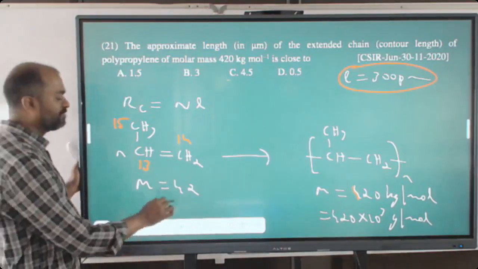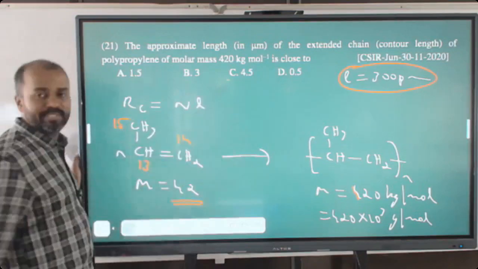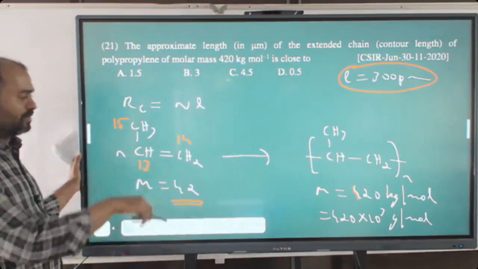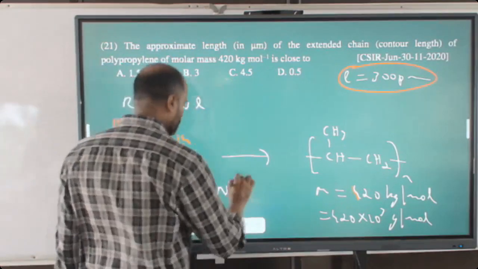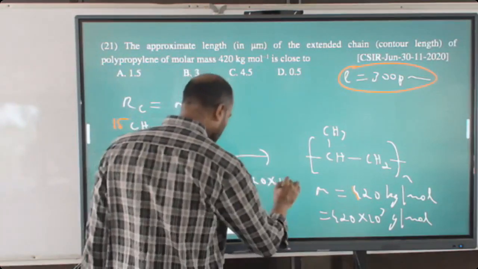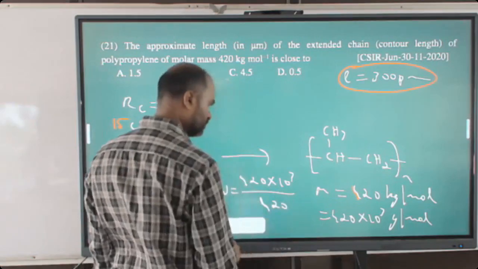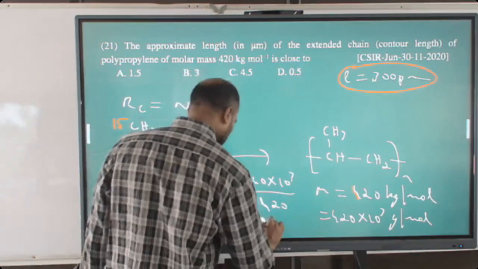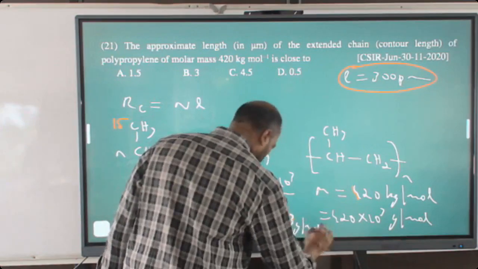That's the number of monomers: 420 into 10 to the power of 3 divided by 42.